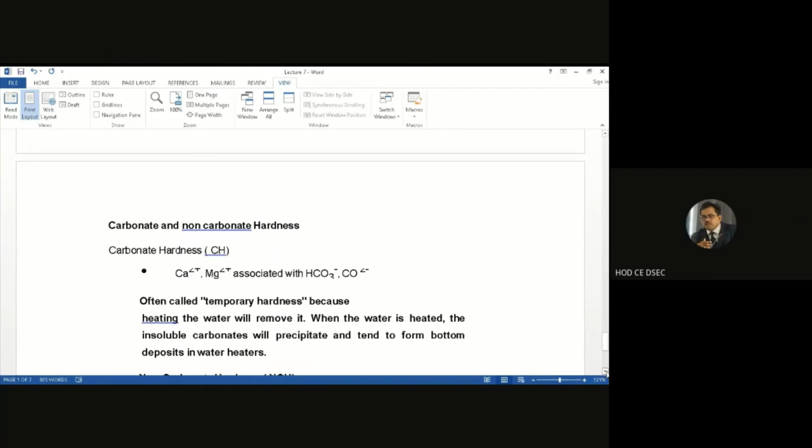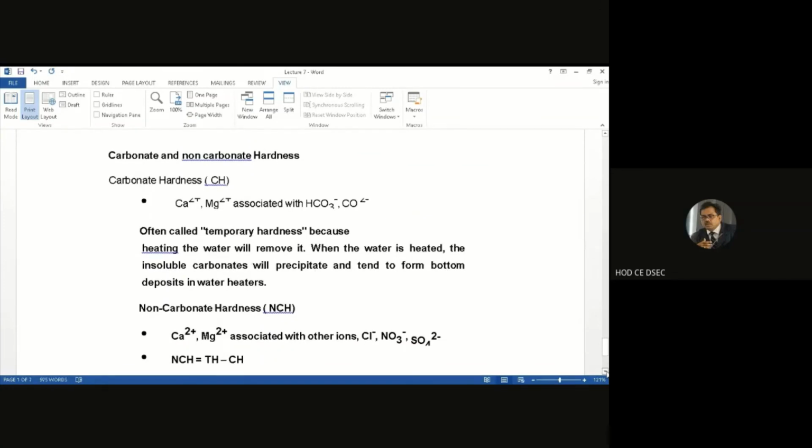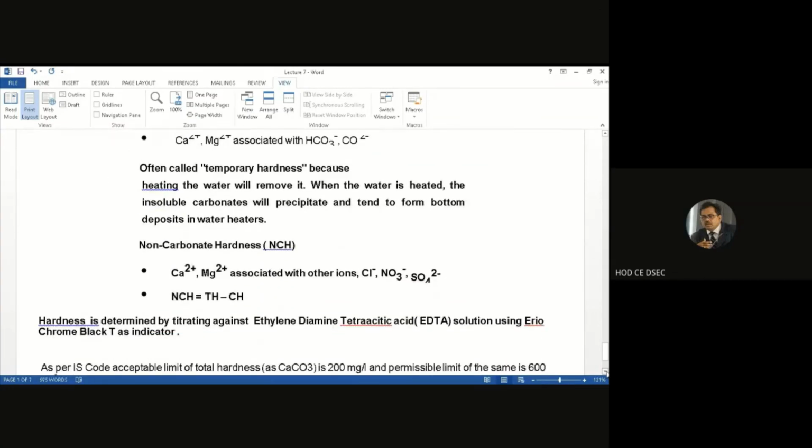But the non-carbonate hardness, which is permanent hardness, can't be removed easily by simply boiling, because the calcium and magnesium here are associated with chloride, nitrate, sulfate, and so on, not carbonate or bicarbonate. If it is carbonate or bicarbonate, it is temporary carbonate hardness. If it is non-carbonate hardness, due to chloride, nitrate or sulfate ions, then it is permanent hardness.